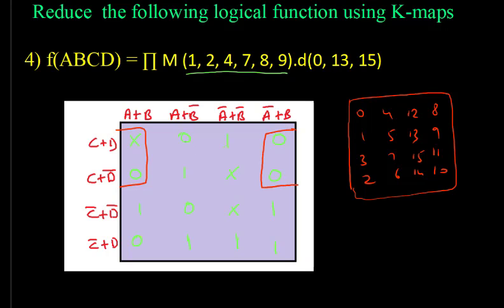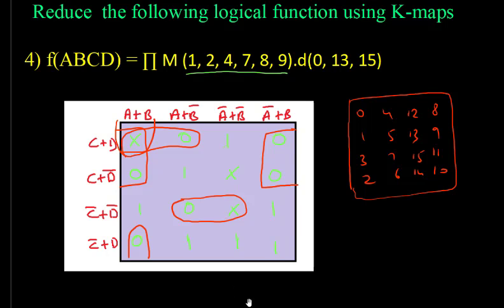Now with respect to this 0, we can't find a quad, so it forms a pair here. Then this 0 is left alone, but we can roll this in this way, so we have one more pair. And now this 0 can form a pair with this particular don't care. So this is how we solve it.